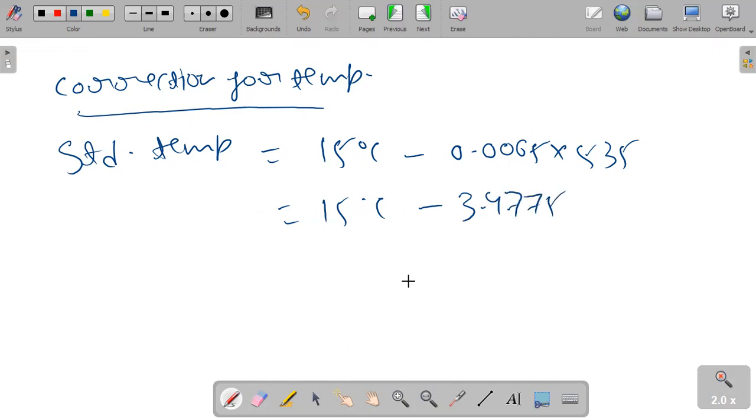Subtract it from 15 and you get 11.5225 degrees Celsius.